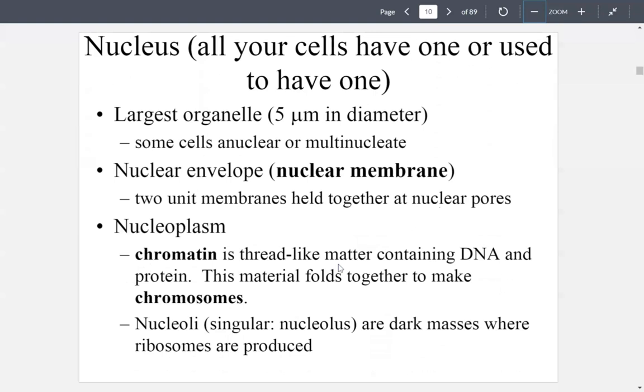Let's start off with the nucleus. Here's the thing. Every cell either has or had a nucleus. Now you might be thinking to yourself, wait, we have cells that don't have a nucleus. Yes, your red blood cells. Your red blood cells, in their process of becoming a red blood cell, lose their nucleus, which means they lose their ability to self-replicate.